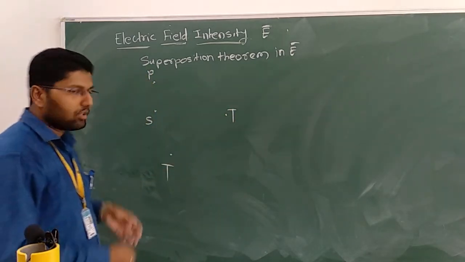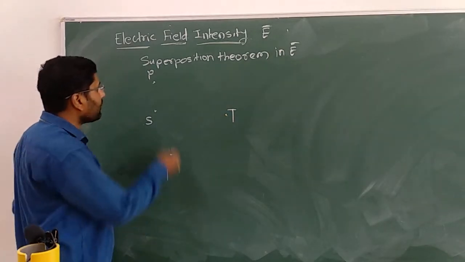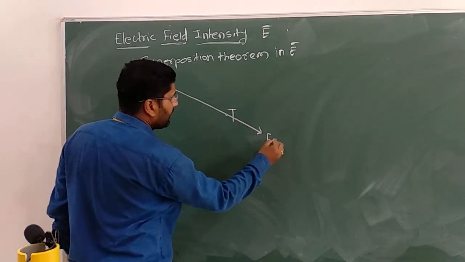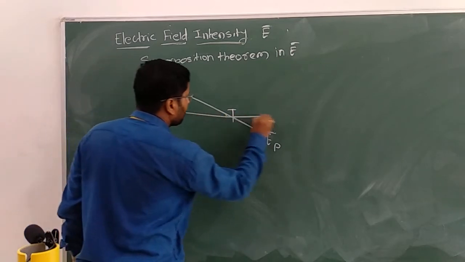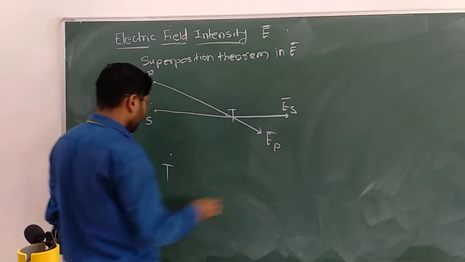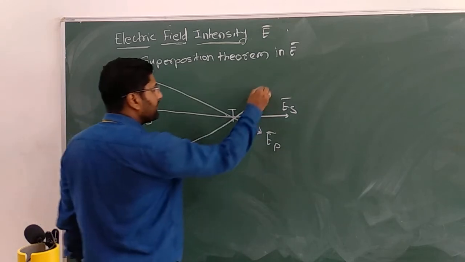We have to find the electric field intensity at this point. From P this is called EP bar, from this S you can call it ES bar, and from this T you have to calculate this.